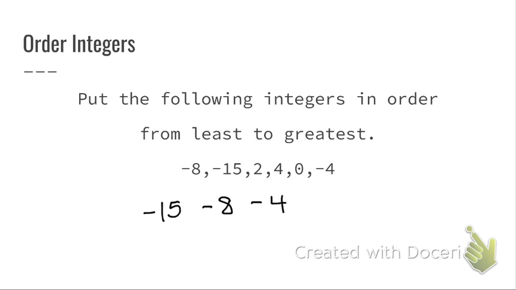It's like I'm down in a deep hole and I'm crawling my way out. And then 0. And then now I'm in my positive numbers. So 2 and then 4. So from least to greatest, the least would be negative 15, the greatest would be positive 4 of those 6 numbers.